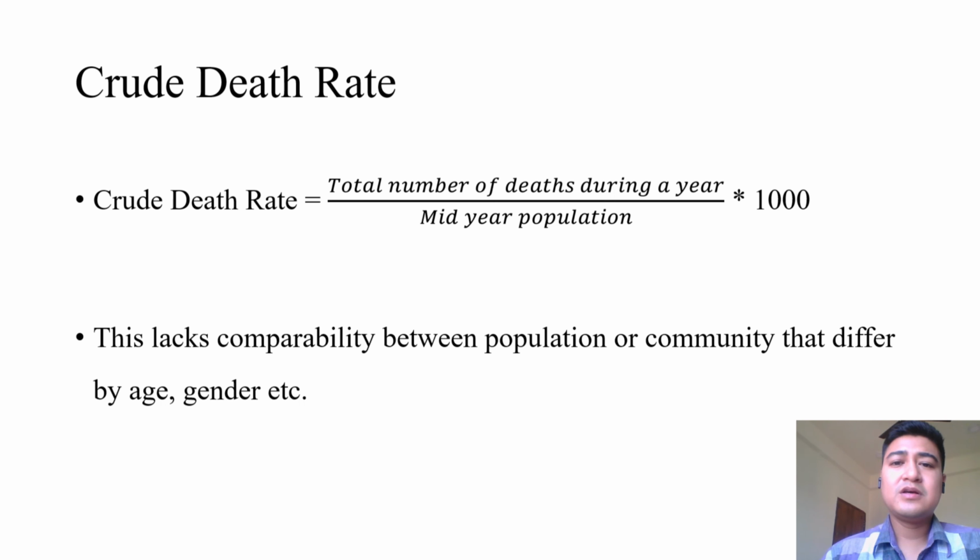So we can say that crude death rate is not a good indicator. However, when the data is not collected or maintained properly, then crude death rate is the only indicator that we can use. It generally gives us the basic snapshot of that population and their general health status.